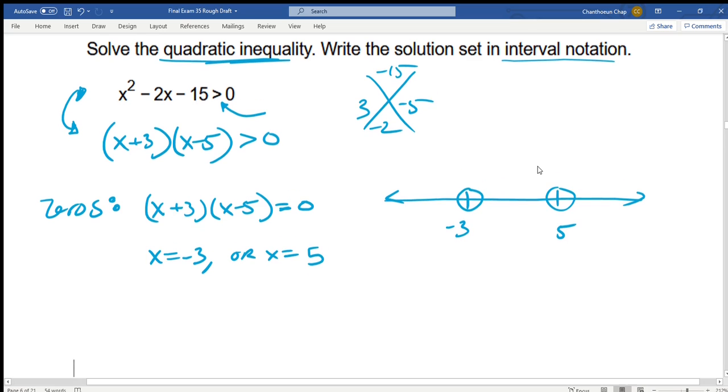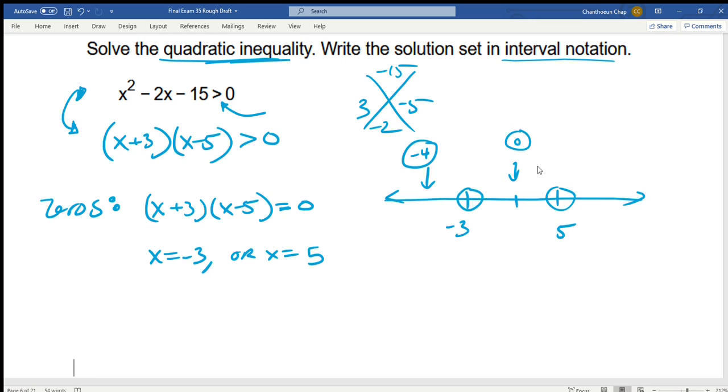And now we'll have to pick some test points. We'll pick a good number to the left of negative 3. I'll pick negative 4 to test. And then we'll pick a good number between negative 3 and 5. I'll pick 0 to test. And a good number to the right of 5, I'll pick 6 to test.